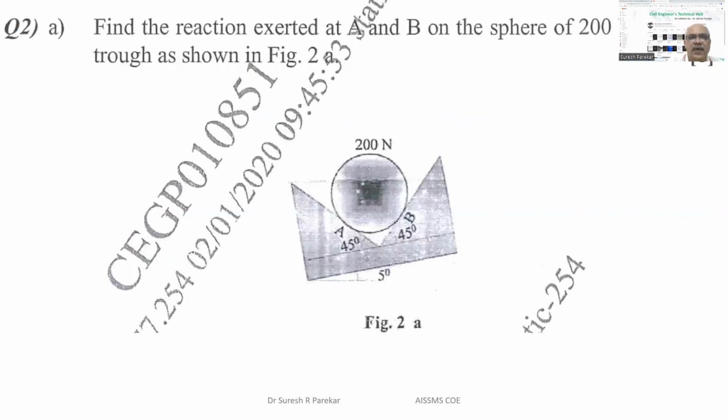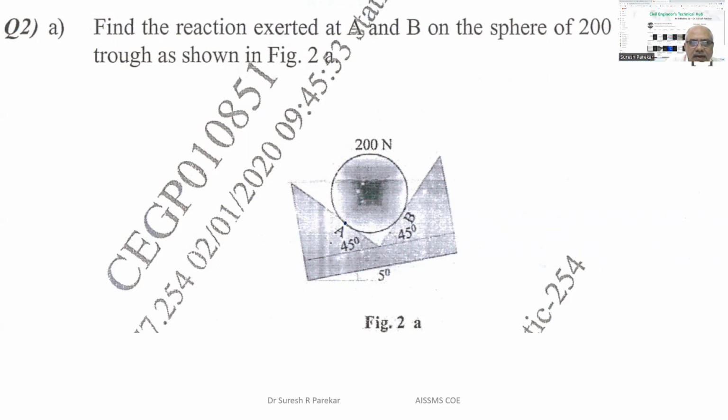Then we have next: find the reaction exerted at A and B on the sphere of 200 Newton kept in a trough as shown in figure 2A. So now you can see this sphere is touching your trough at point A and at point B. So we have two reactions.